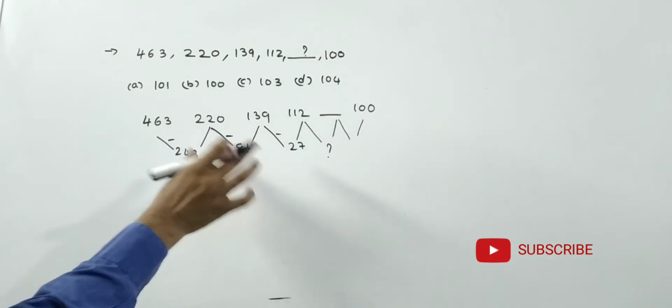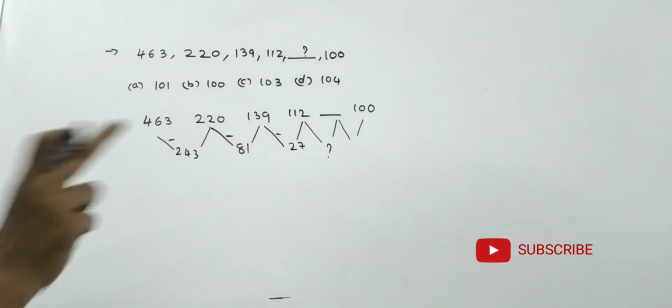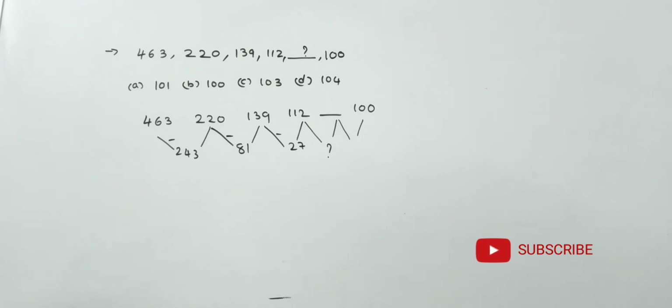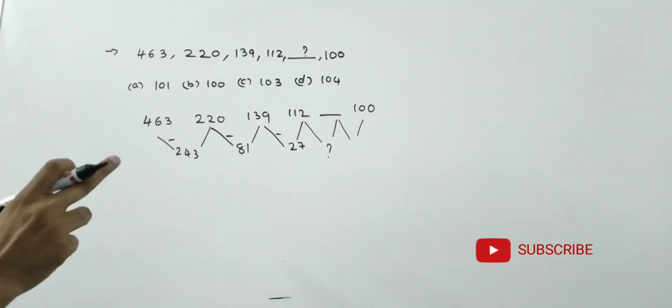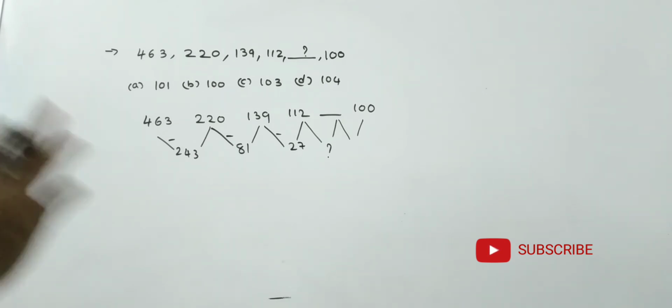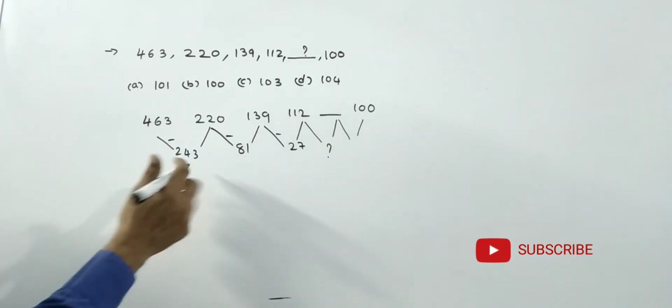By seeing these numbers, what are we getting? If you practice more, definitely we will get the logic by seeing this. If you do not practice, you won't get it.